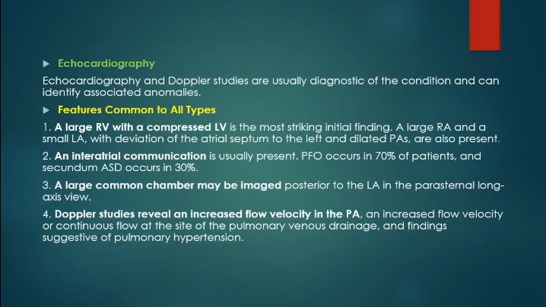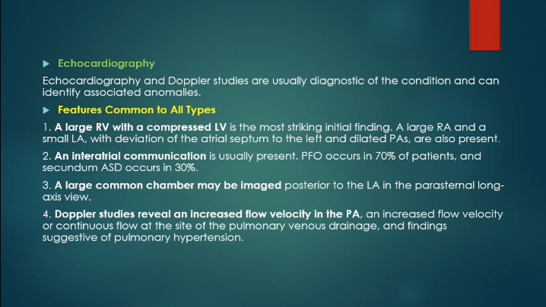Echo examination will show the diagnostic features of total anomalous pulmonary venous return, with a large right ventricle and compressed left ventricle, large right atrium with small left atrium, and deviation of the atrial septum towards the left side, and pulmonary artery branches dilatation.